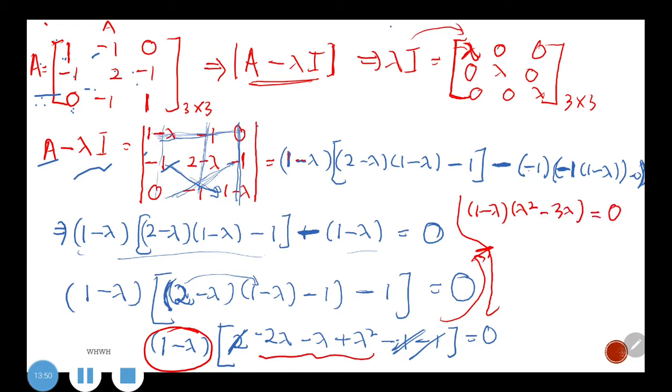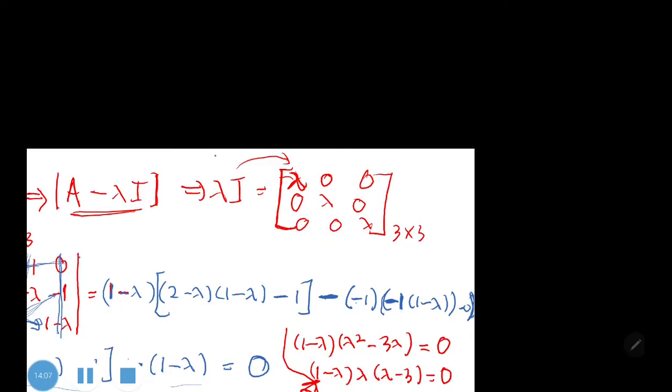There you go. So nampak tak kat sini, what we have is we have 1 minus lambda, satu factor, another factor is lambda, and then another one is lambda minus 3 equals to 0. So from here we are going to have how many eigenvalues?